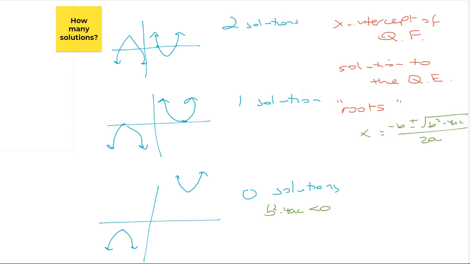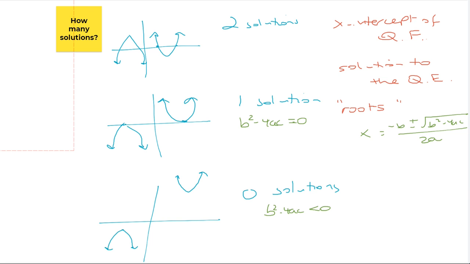If I had negative 7 plus or minus the square root of 0 over 4, well, that's just negative 7 over 4. So that's just one solution. So in this case, there are two solutions, but they're both the same. That happens when b squared minus 4ac is equal to 0. And that means that even though you come up with two numbers, it's the same number, and there will only be the one x-intercept on the graph.